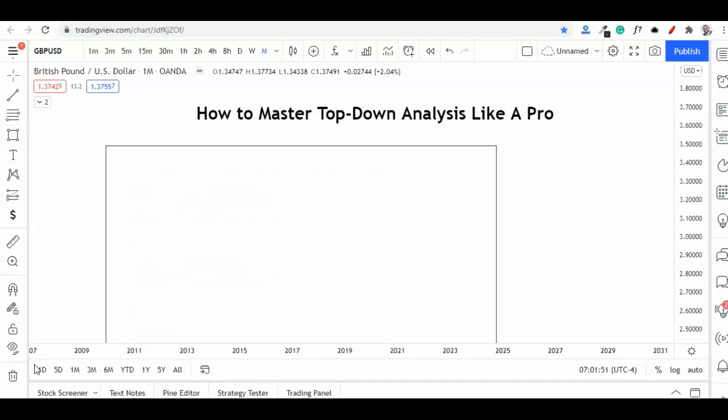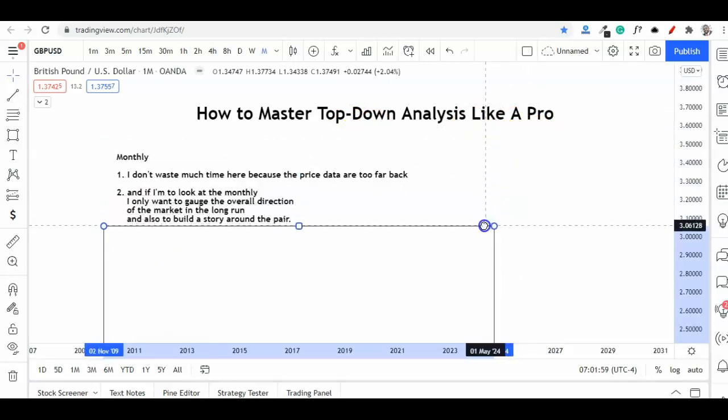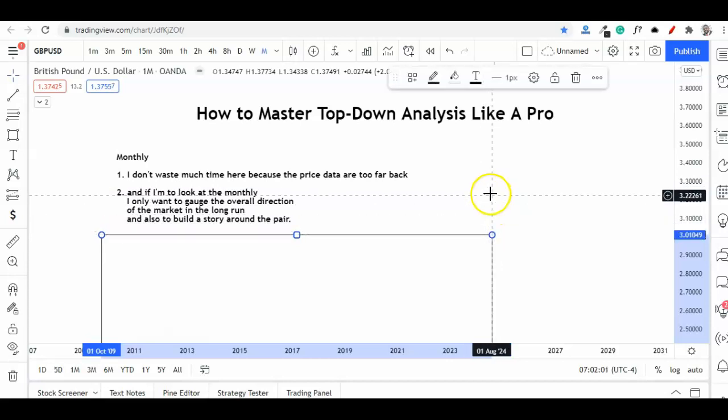So as for me, what I do is simple. I look at the monthly time frame first, but in the monthly time frame I don't really waste time, because the price data are too far from the current price.